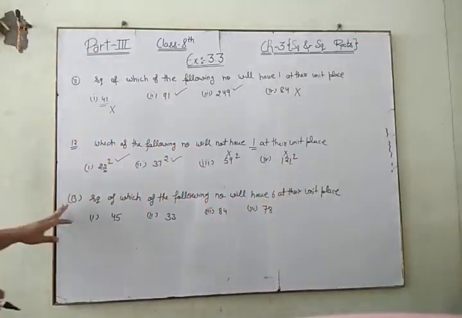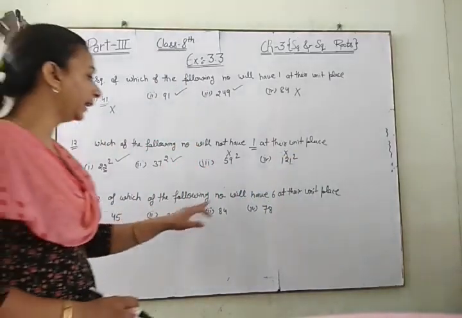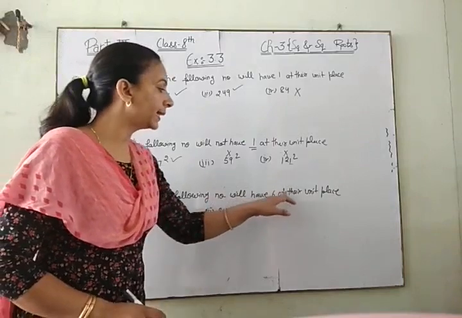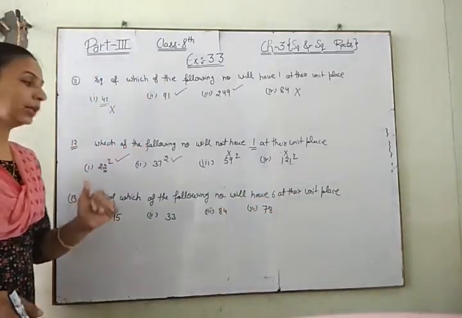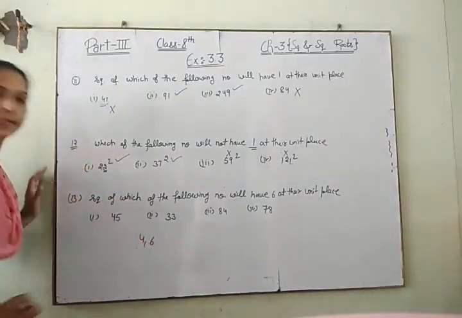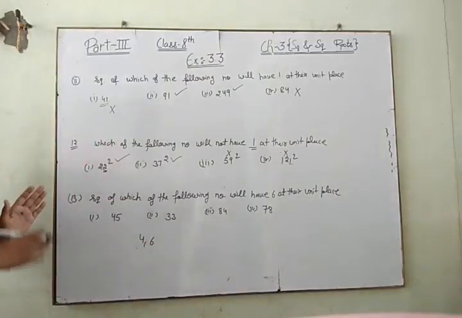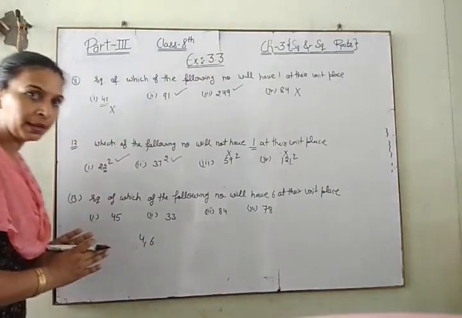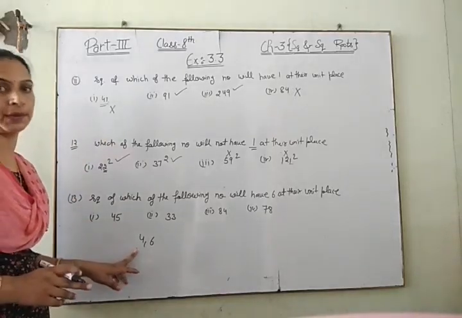Okay. Question number 13. The square of which of the following numbers will have 6 at their unit place? Students, 6 at their unit place. Any number ending with 4 or 6, if we find the square of this type of number, then the unit place of the square is 6.